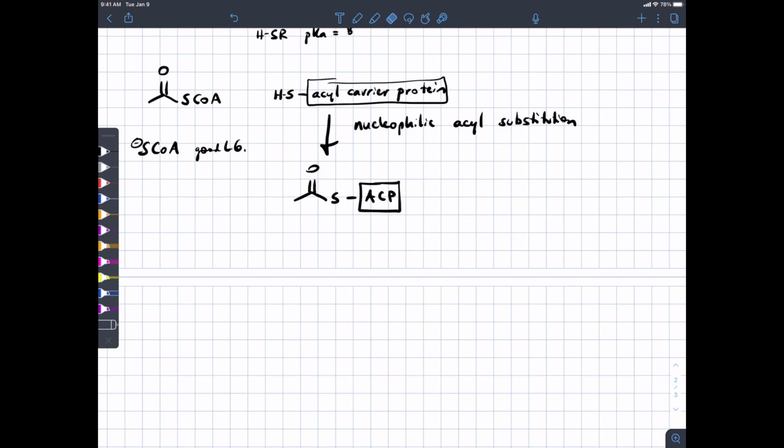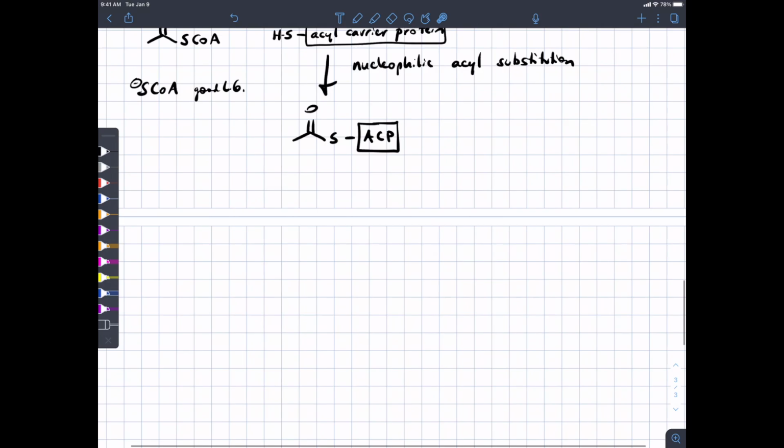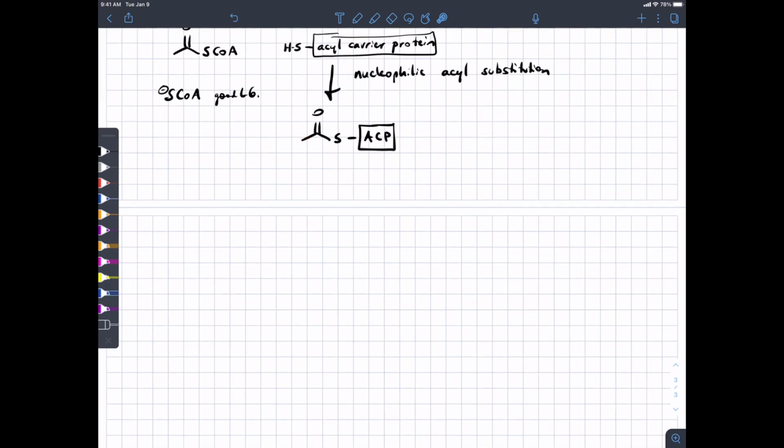And the function of the acyl carrier protein is to act sort of as a crane to deliver this acetyl group, these two carbons with the carbonyl here, to various subunits of the fatty acid synthase complex in order to make the bonds that are required to extend the two carbons of this acetyl group to a much longer chain.